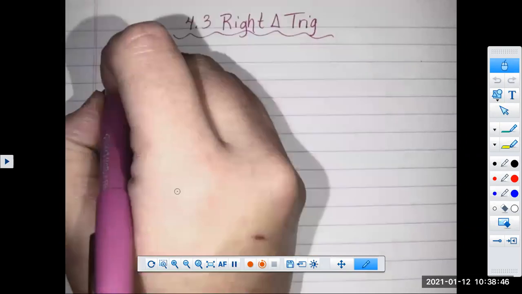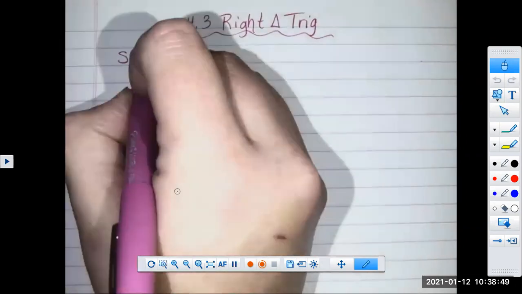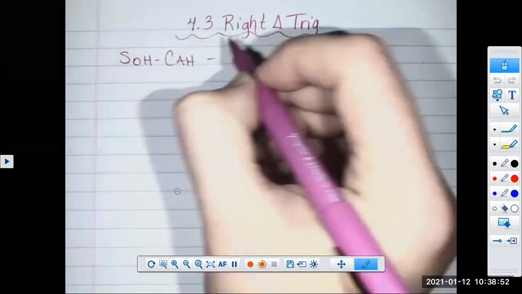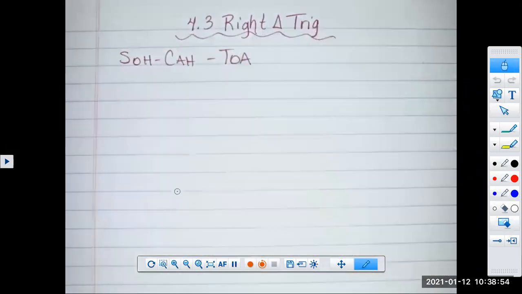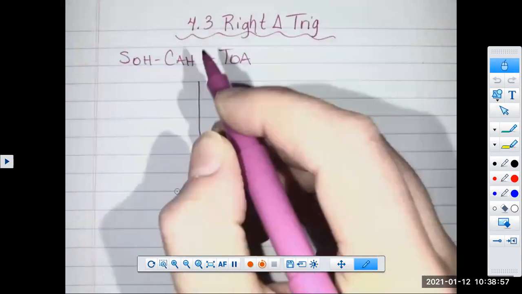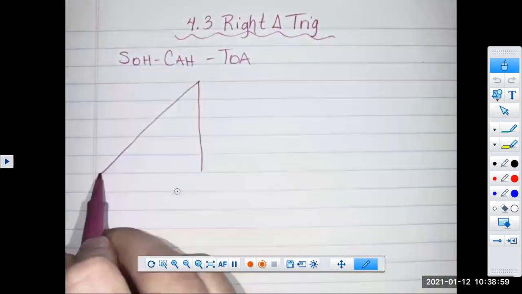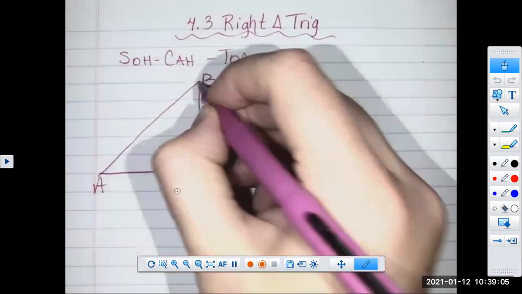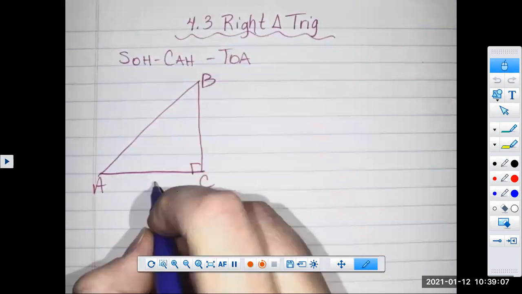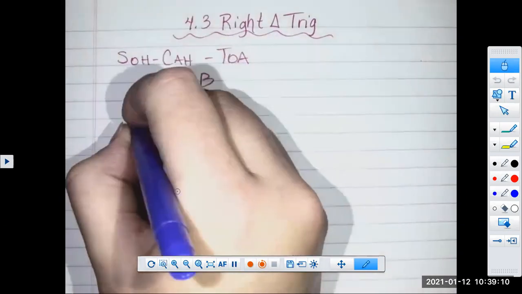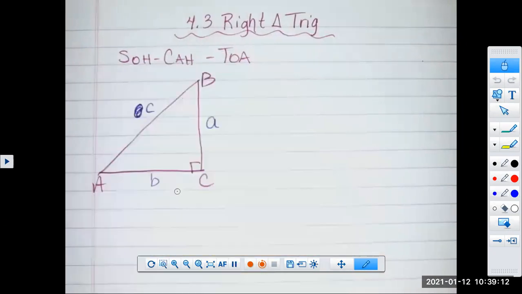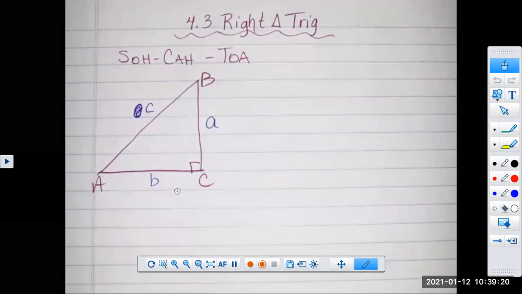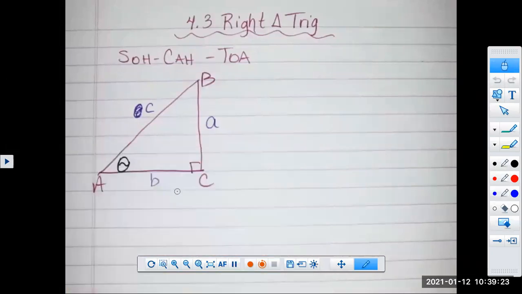Okay, remember, recall SOHCAHTOA? The first thing we're going to look at is just how you determine the basic ratios in order to set up future problems.